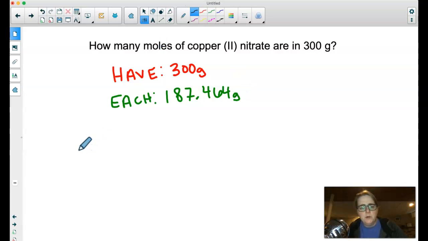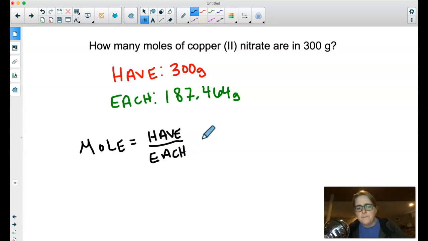So the number of moles is going to equal the mass that I have divided by the mass of each one. So I'm going to do 300 grams divided by this molar mass, that 187.464 grams.